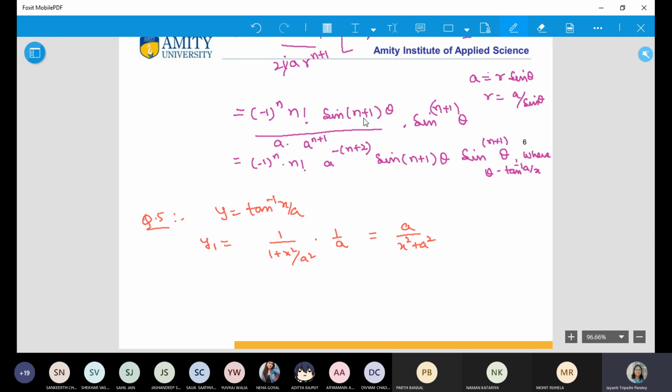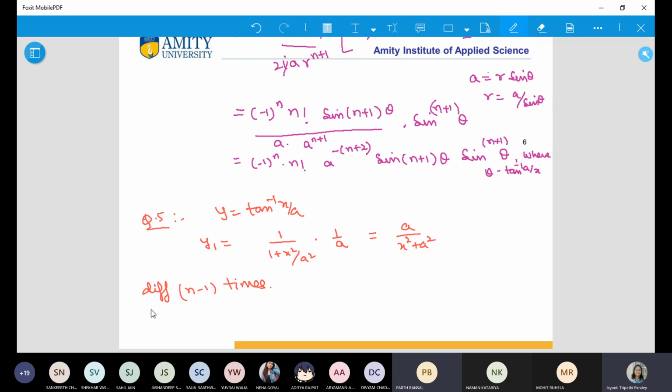So what is the difference between this question and this question? Just the multiplication of this a, nothing else. Right? Now if you have to differentiate, you will differentiate it n minus 1 times. That you have to keep in mind. So wherever you have n, it will reduce into n minus 1. Is this understood?